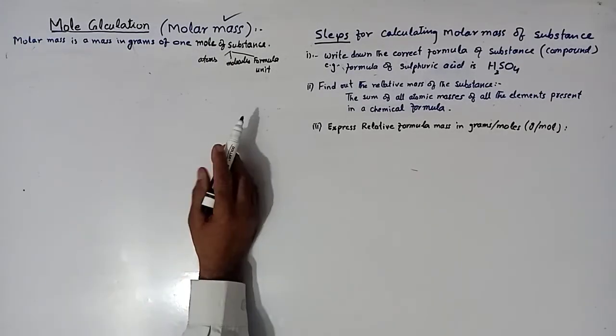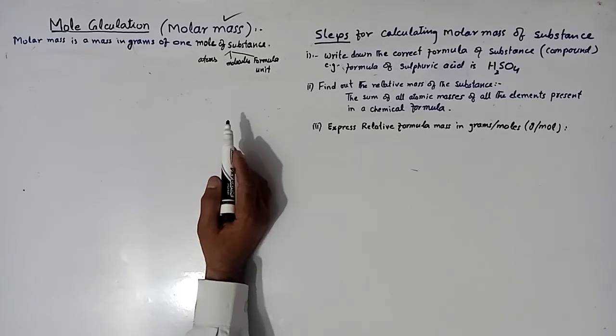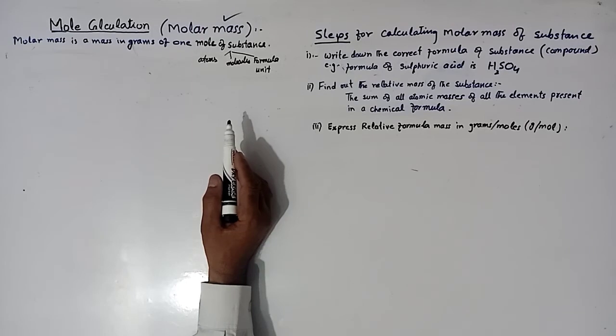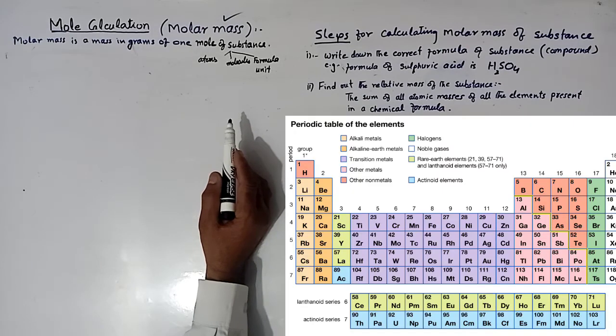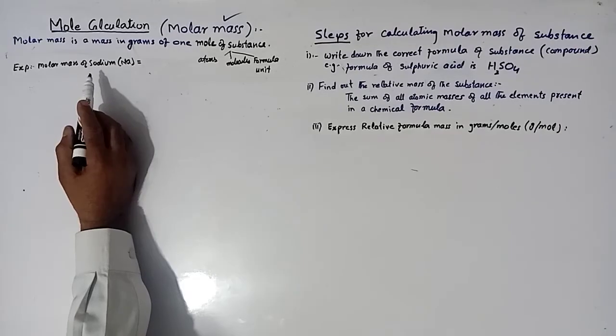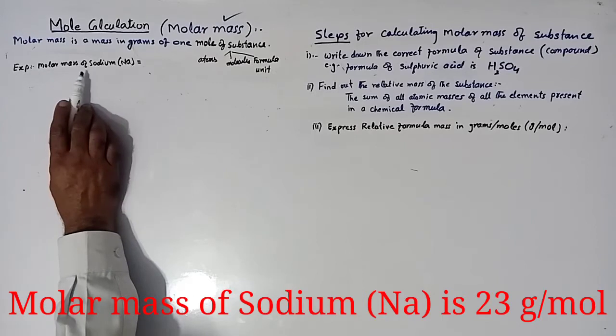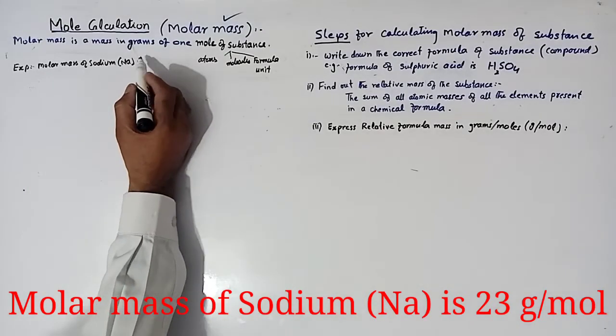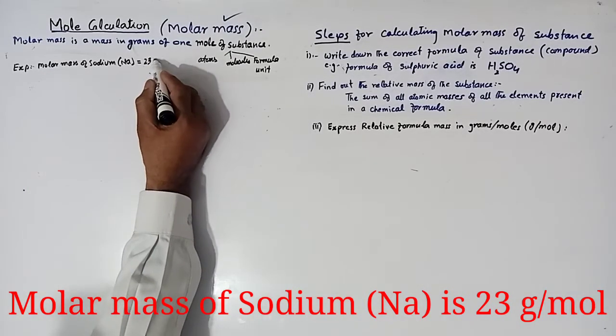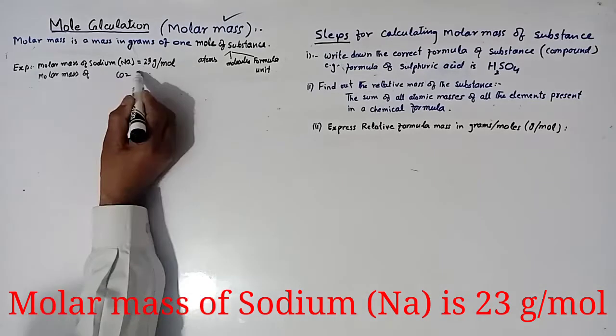For such type of calculation, we will mostly use the modern periodic table for correct calculation of the molar mass of any substance. For example, the molar mass of sodium is 23 grams per mole.